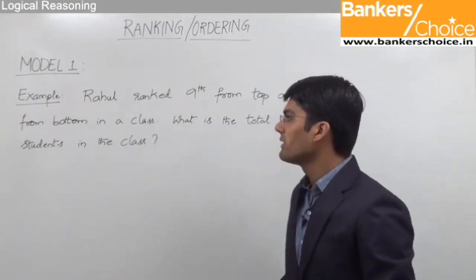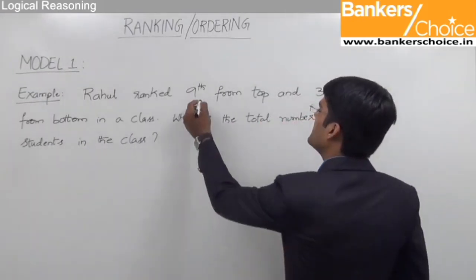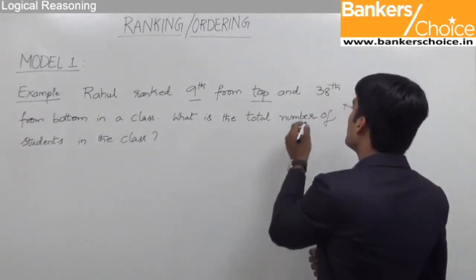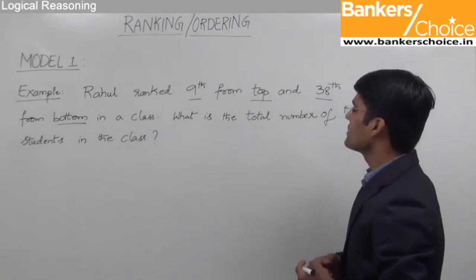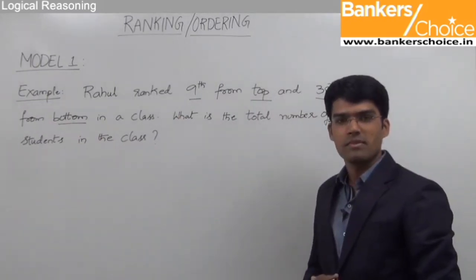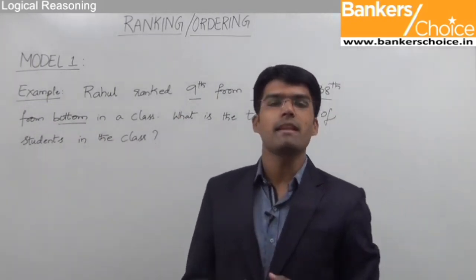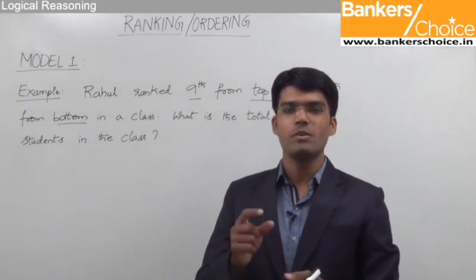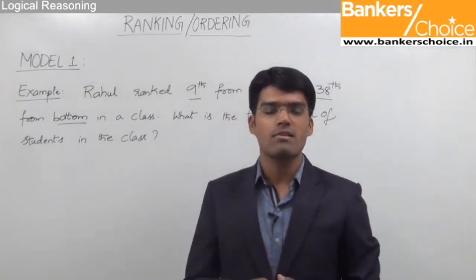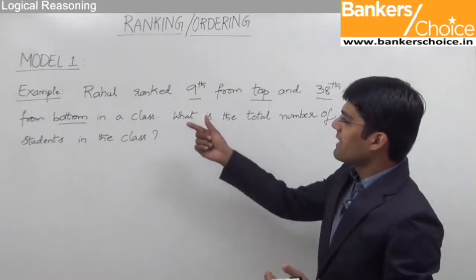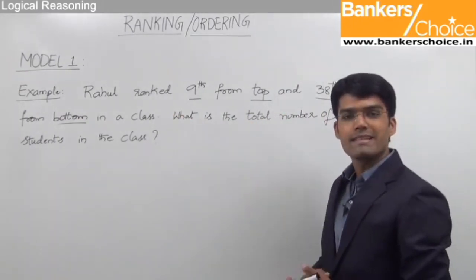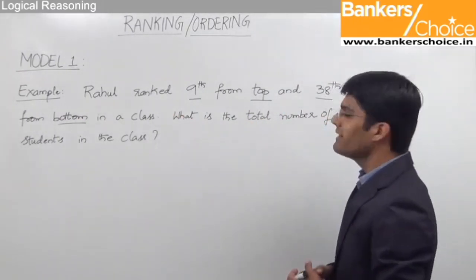The given question here is: Rahul ranked 9th from top and 38th from bottom in a class. What is the total number of students in the class? As we have already learned, we can find out the total number of students when we know the position or rank of a person from both the ends. Now, as given in the question, the rank of Rahul from the top end is 9 and from the bottom end is 38.